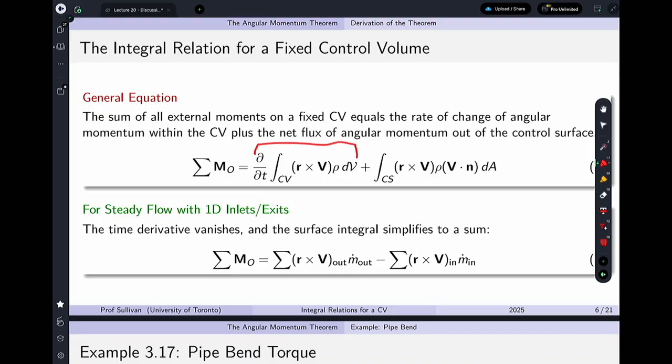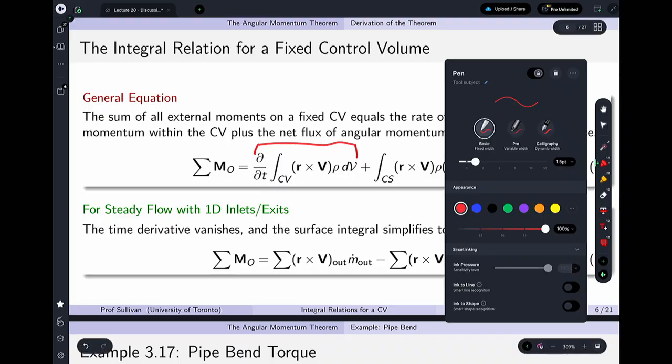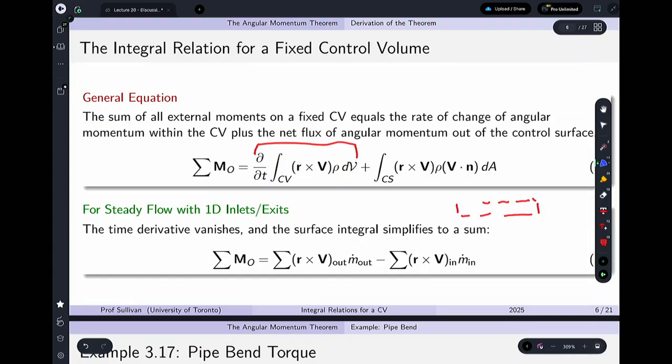So again, typically you're going to define control volumes, and when you do that definition, you'll have material entering and exiting, and you might be storing some. Typically in mechanical engineering, we don't store material. So we're not going to deal too much with the first term that I have in the red bracket.